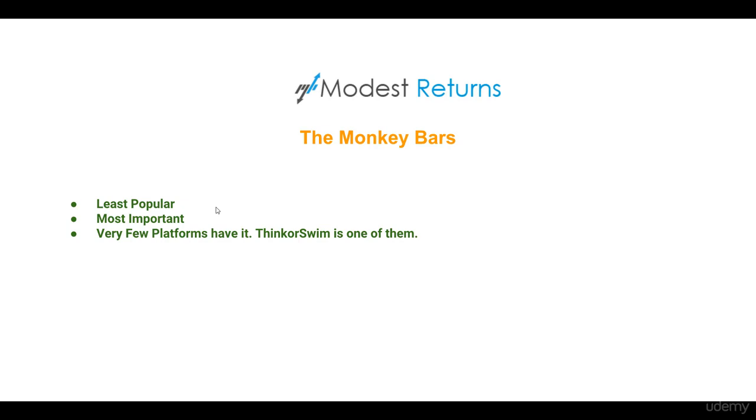If everyone starts following an indicator, the indicator starts losing its relevance. So as of now, monkey bars is still one of the good indicators because very few people use it. First, let me show you what a monkey bar is and then show you how to interpret the results.